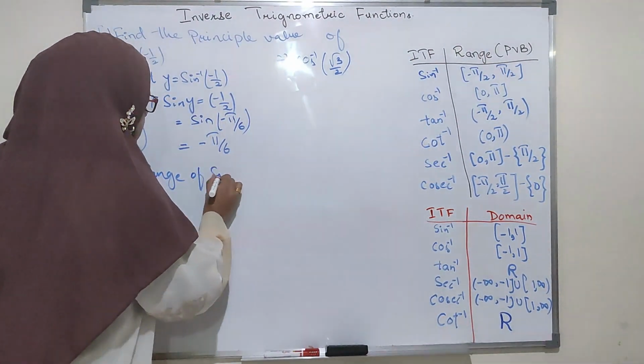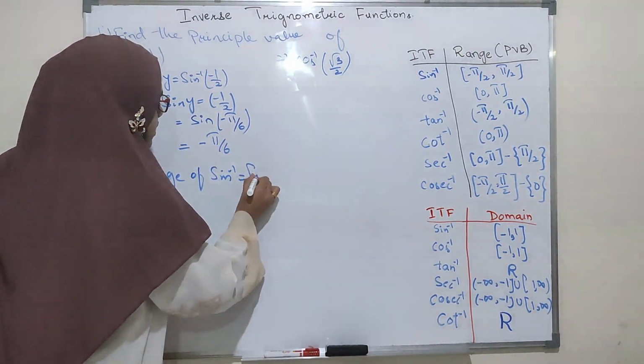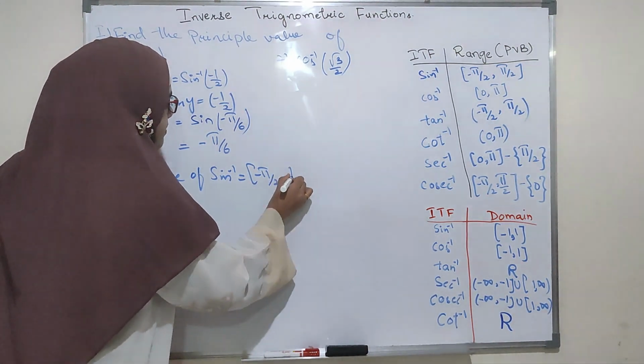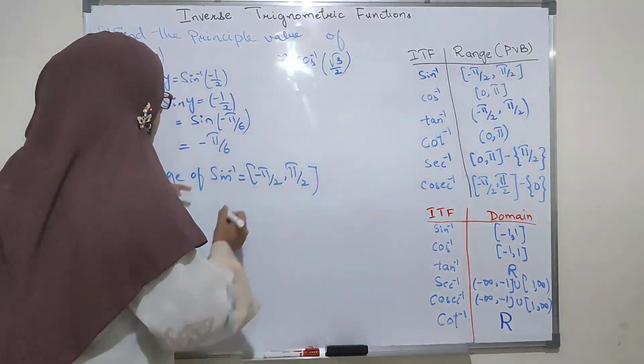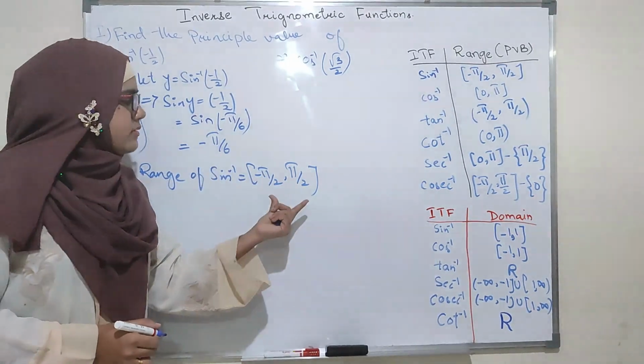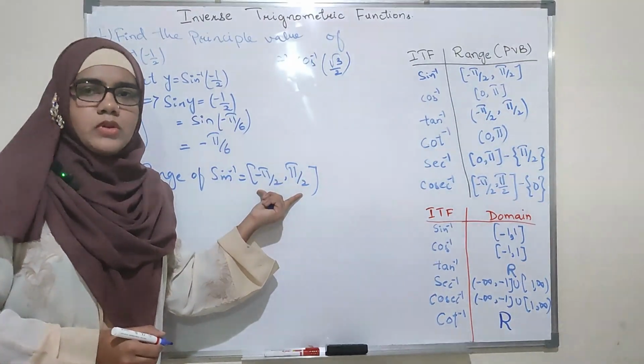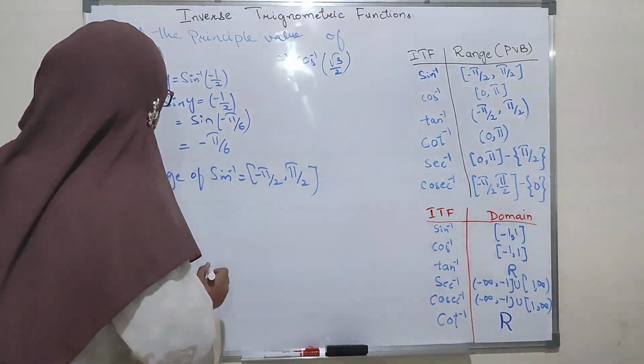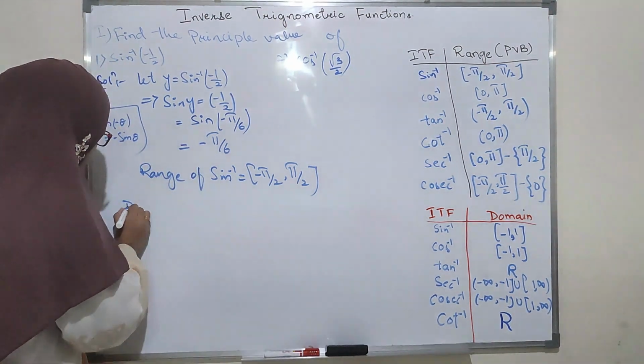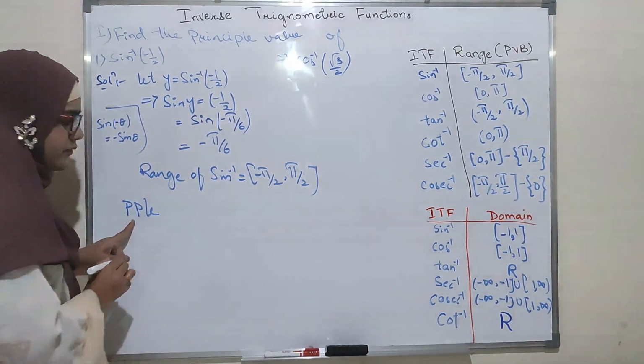The range of sine inverse is minus pi by 2 comma pi by 2. So see here, minus pi by 6 lies in between these two values.